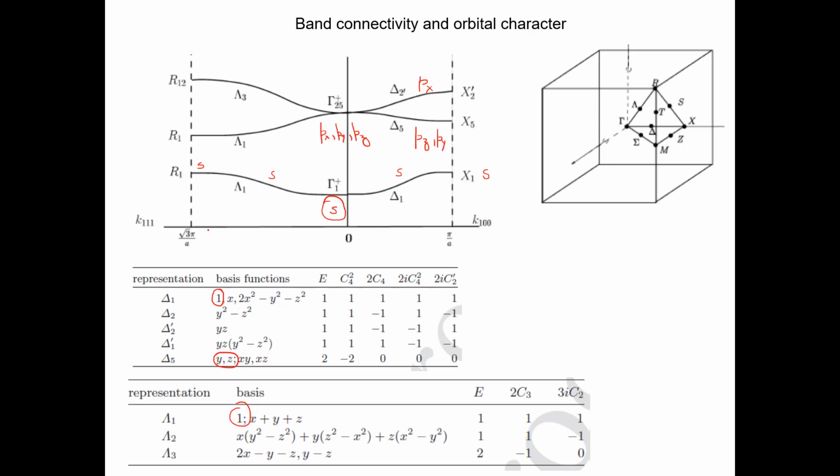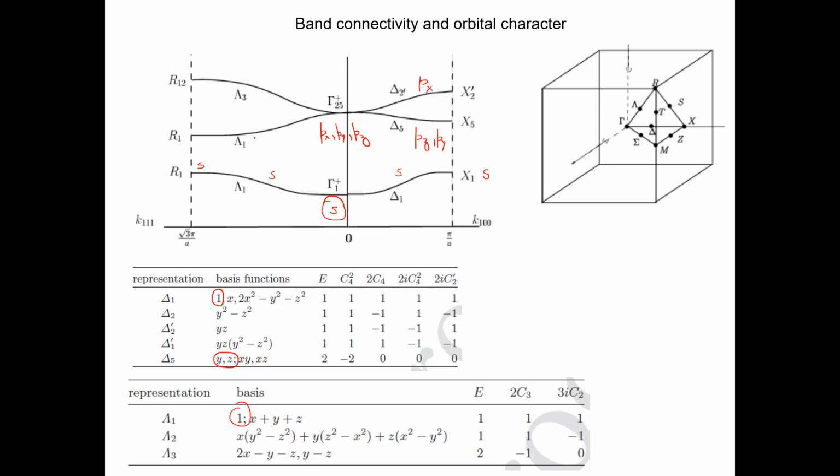And when I go along the lambda direction, you see lambda 1 is X plus Y plus Z. So this is a p orbital which is along the 1, 1, 1 direction.